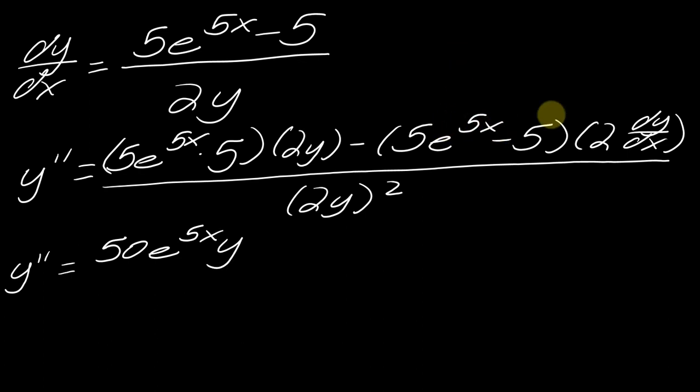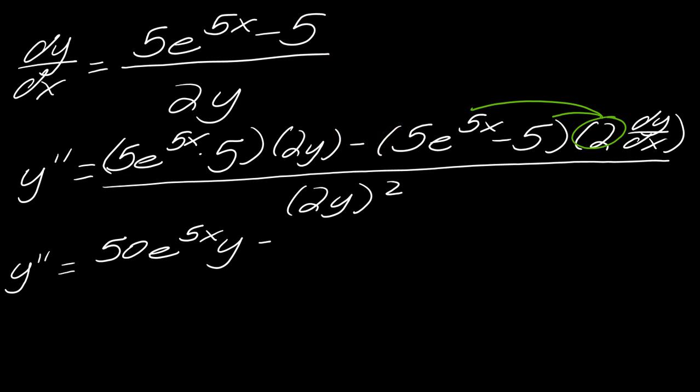And now for this part here, remember with the second derivative, you have to rewrite your dy dx. You're going to have to rewrite this as this. So I actually don't want to distribute the dy dx part. I just want to distribute the 2. So I literally just want to take this 2 and distribute it to these two parts here. If I do that, and then also don't forget about this minus sign right here.